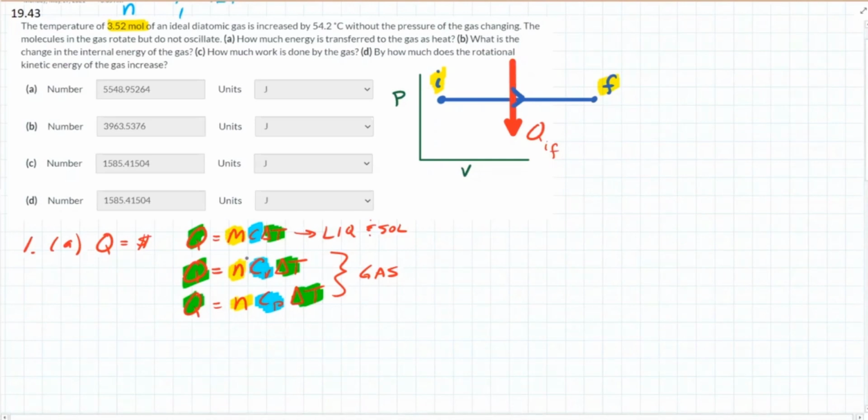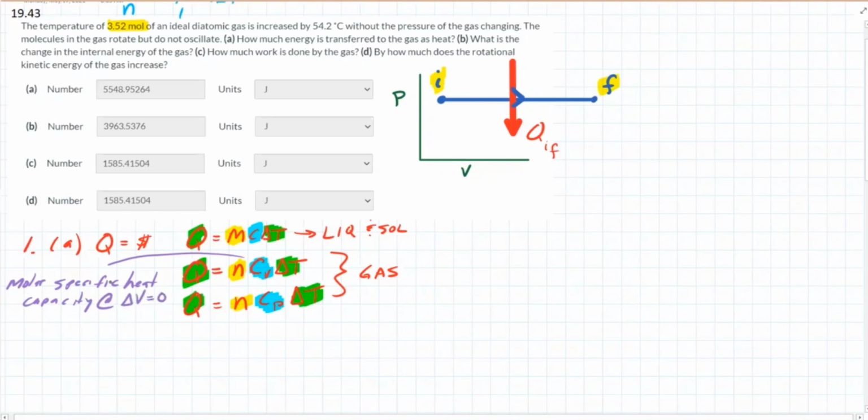C_V stands for molar specific heat capacity. So it's still a specific heat capacity, but now we say molar specific heat capacity at constant volume. Molar specific heat capacity at constant volume. And here's how I'm going to write constant volume. Delta V equals 0.